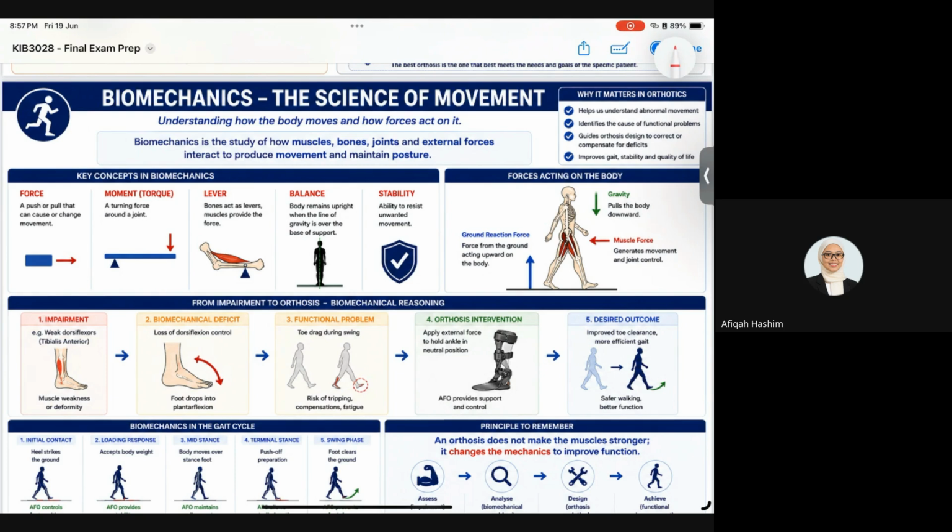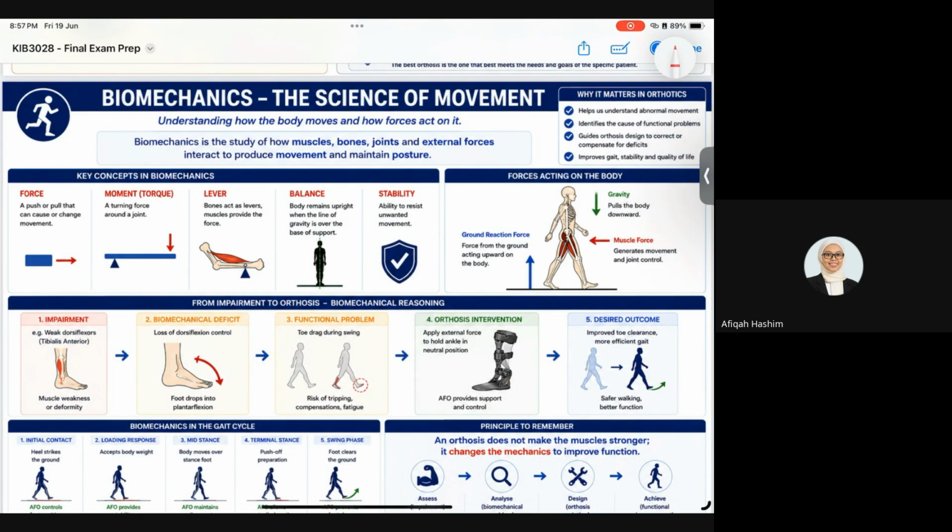Because tibialis anterior is weak, for example, the ankle cannot dorsiflex properly during swing phase, and instead the foot remains in plantar flexion. Now after that, think about the consequences. What biomechanical effect? If the foot stays in plantar flexion, the toes do not clear the ground.